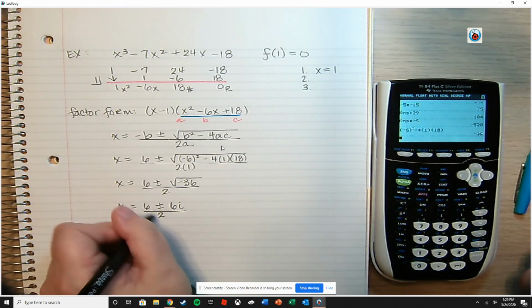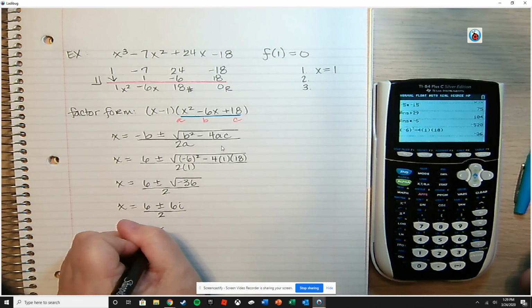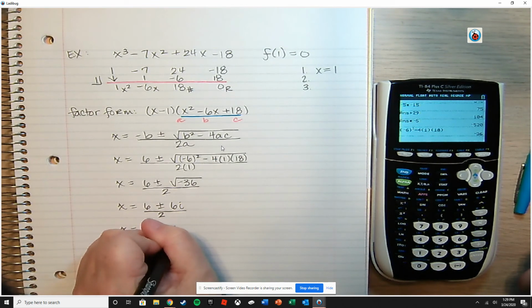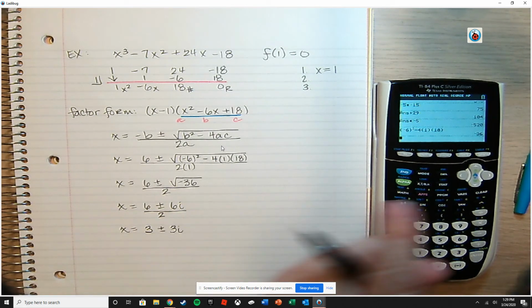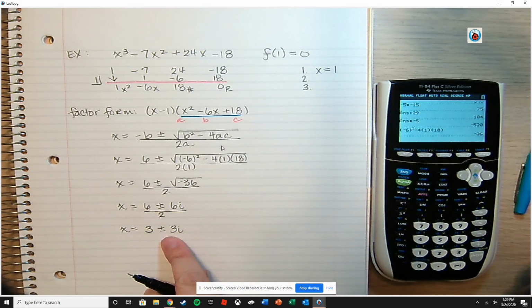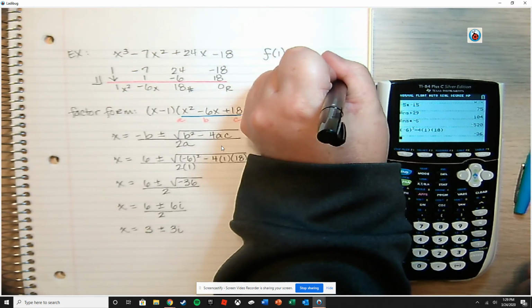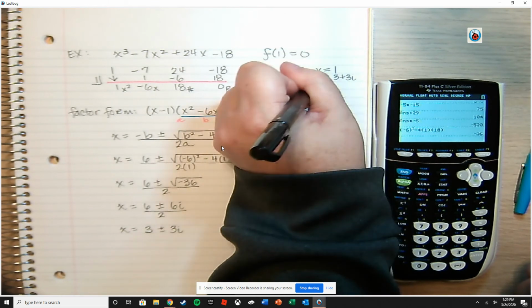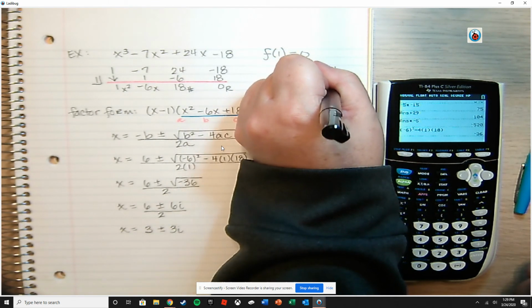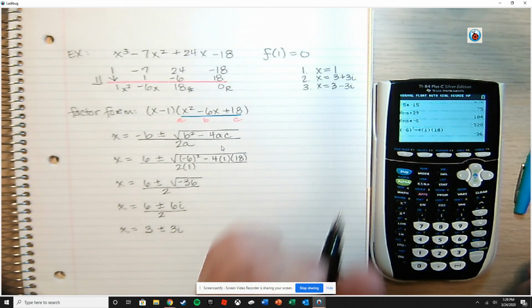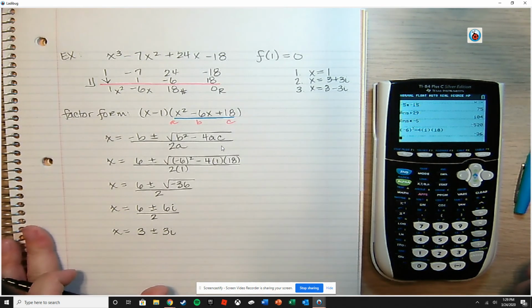So 6 divided by 2 is 3 plus or minus 3i. So those are my other two answers. So my first answer is x equals 3 plus 3i, and then 3 minus 3i. So those are my other two answers.